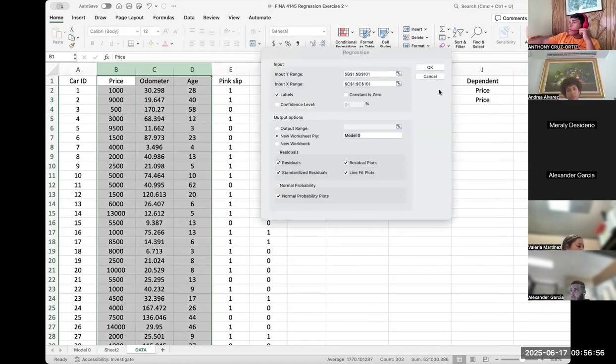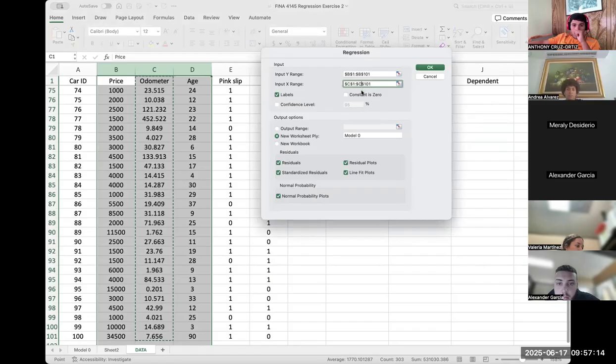Okay, so I knew when to stop. Oh, it didn't go till D. I need to go till D. I want two variables.